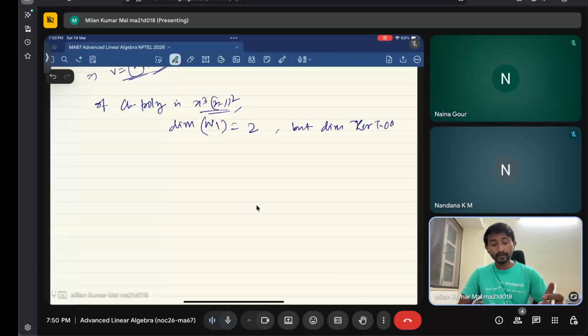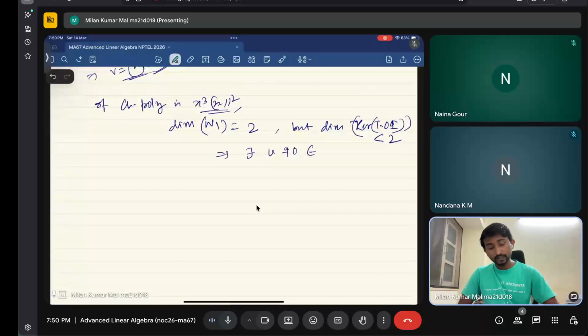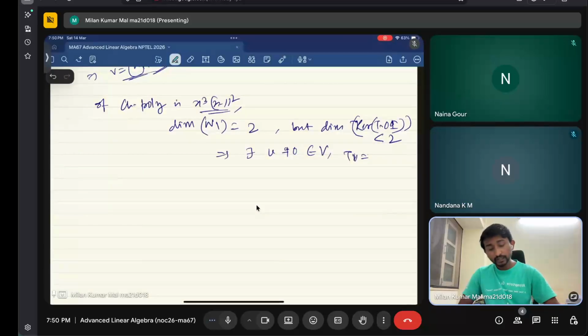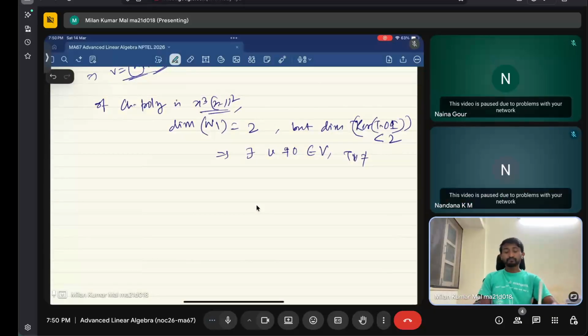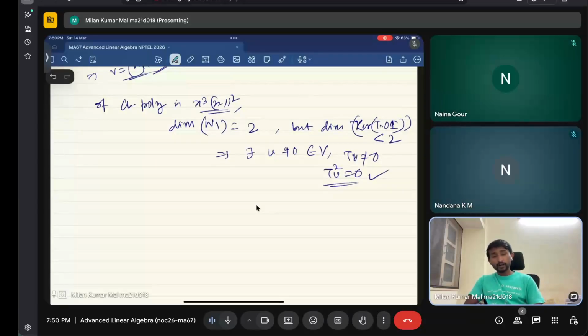That's why we need the second power, right? That means there exists a vector v not equal to 0 in the vector space V such that Tv is not equal to 0, but T square v is equal to 0.